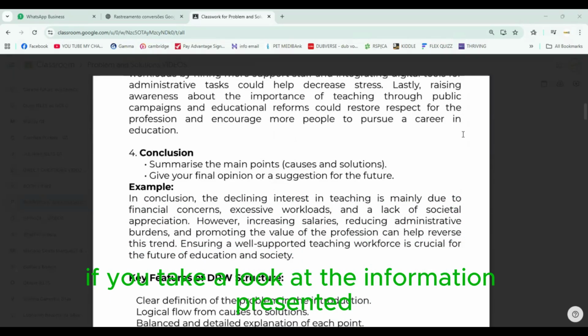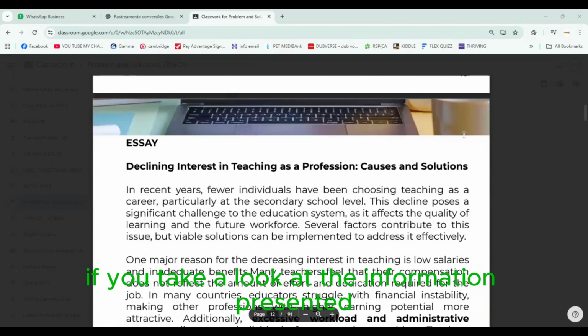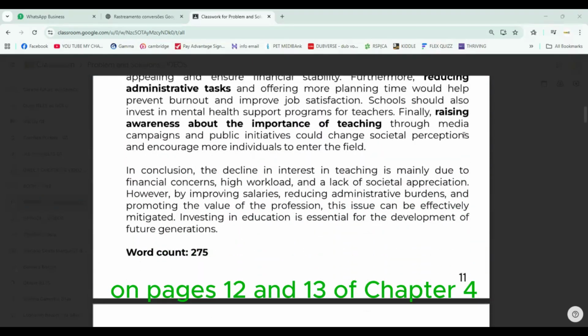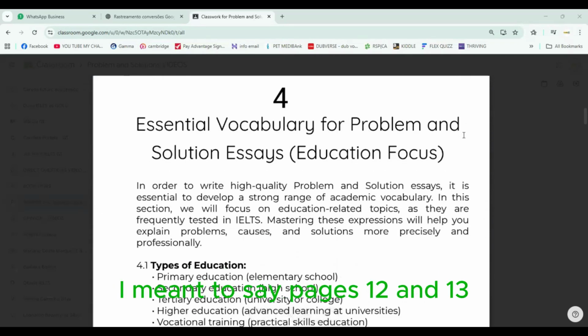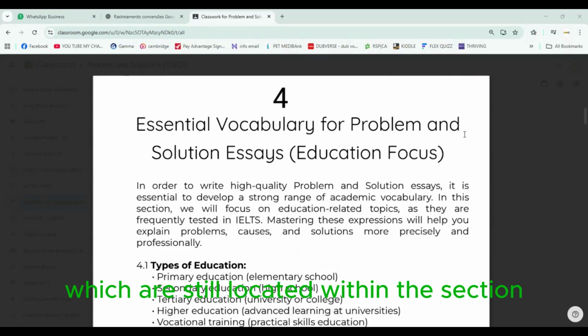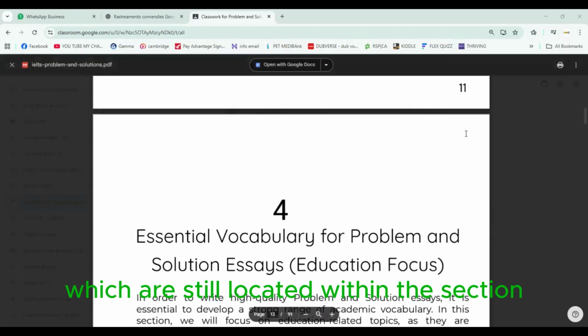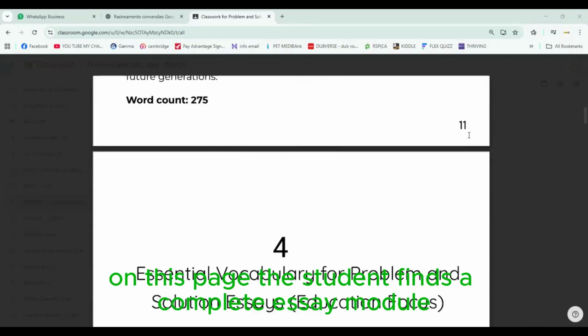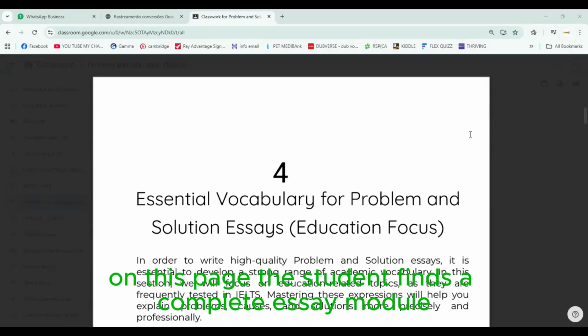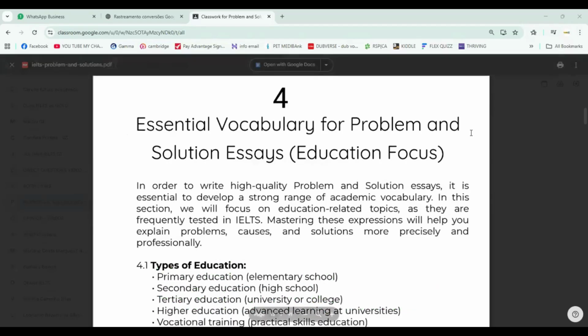If you take a look at the information presented on pages 12 and 13 of chapter 4, actually, I am very sorry, I meant to say pages 12 and 13, which are still located within the section for chapter 3. On this page, the student finds a complete essay module.